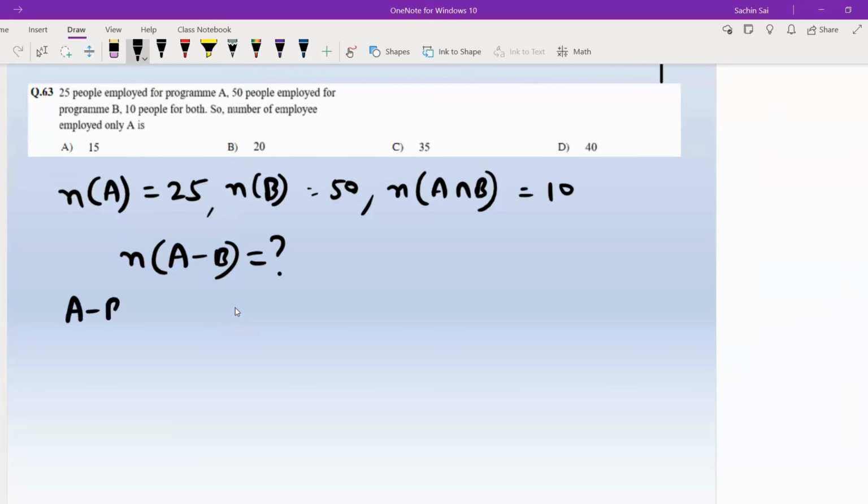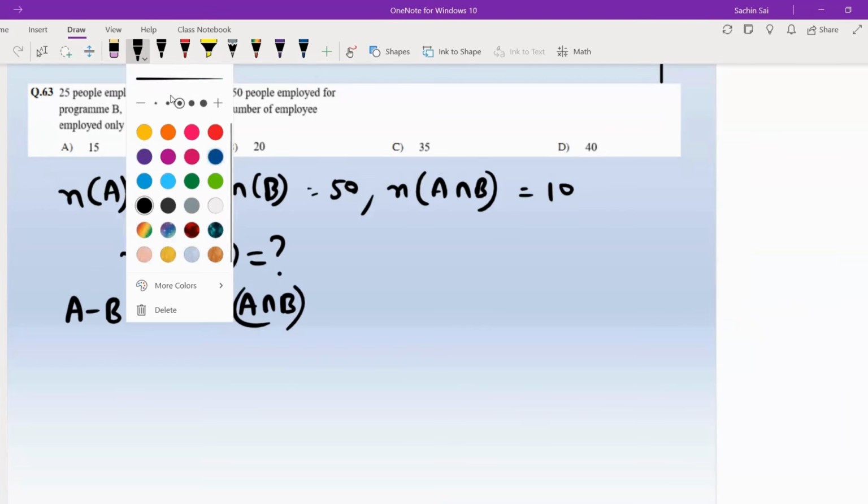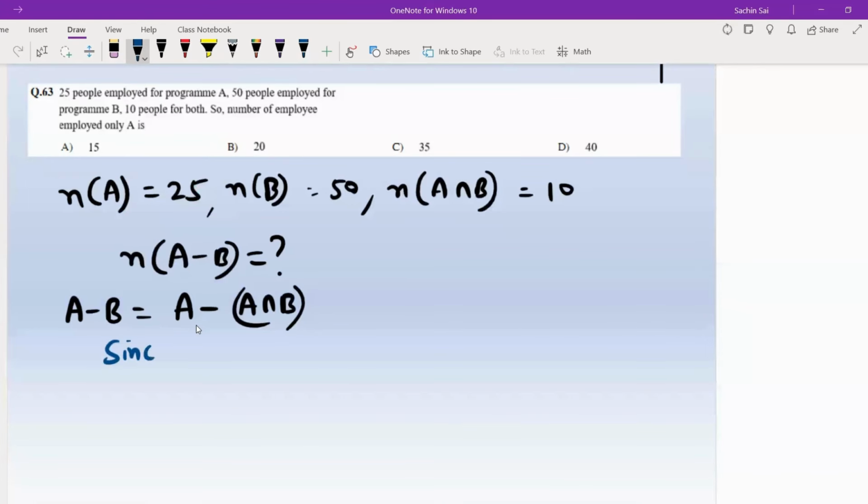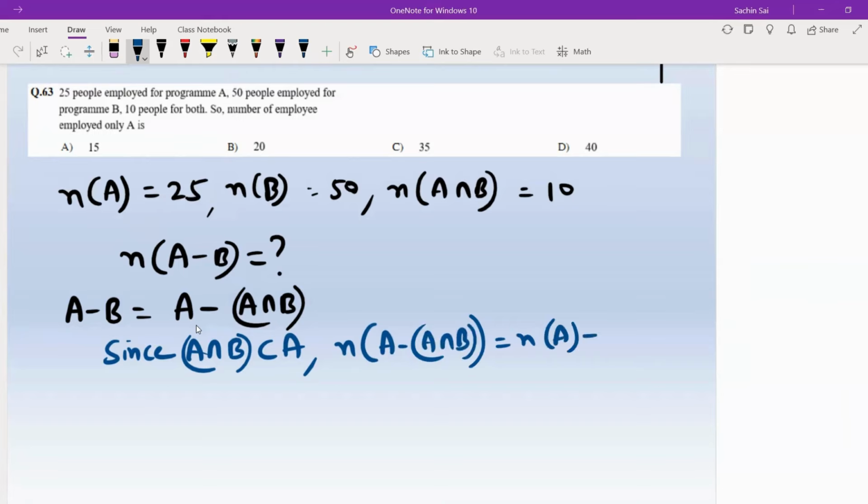So generally A minus B can be written as A minus A intersection B, right? And because A intersection B is a subset of A, you can say n of A minus A intersection B is n of A minus n of A intersection B. So this is 25 minus 10, that is 15.